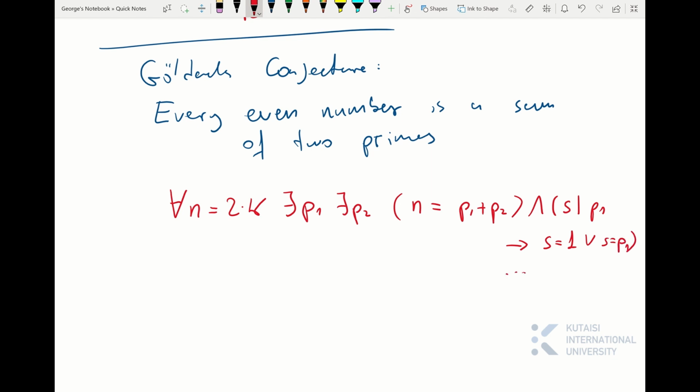And the same thing with p2. What I basically tried to write down, I don't know if it was correct with all the parentheses, is that for any number which is even, there exist two things, p1 and p2, such that this number is the sum of p1 and p2, and p1 and p2 are prime. If something divides p1, it's either 1 or p1 itself, and if something divides p2, then probably you have to also write for any s and something like this. But what I'm getting at here, what is this?